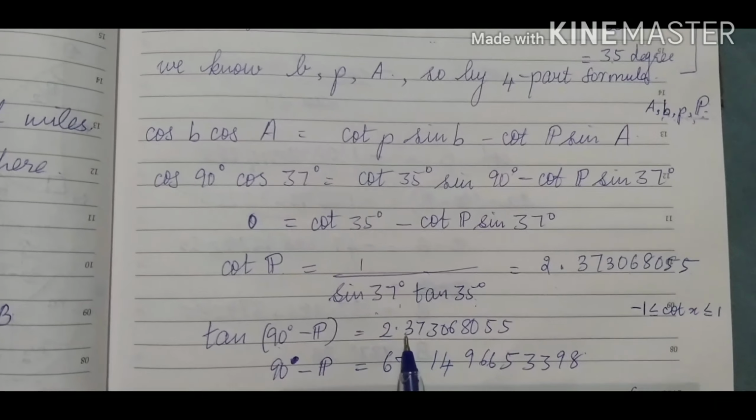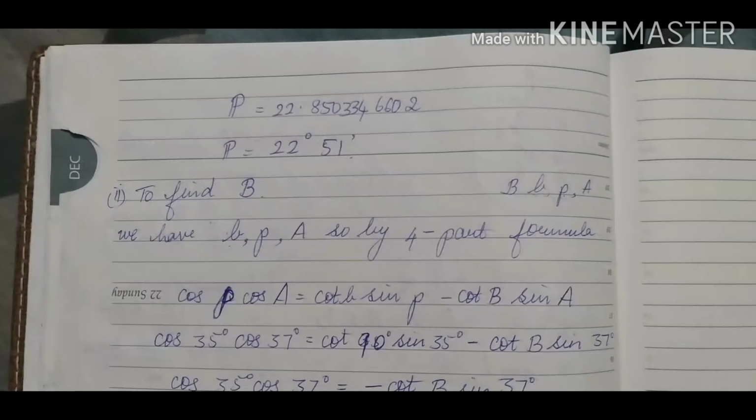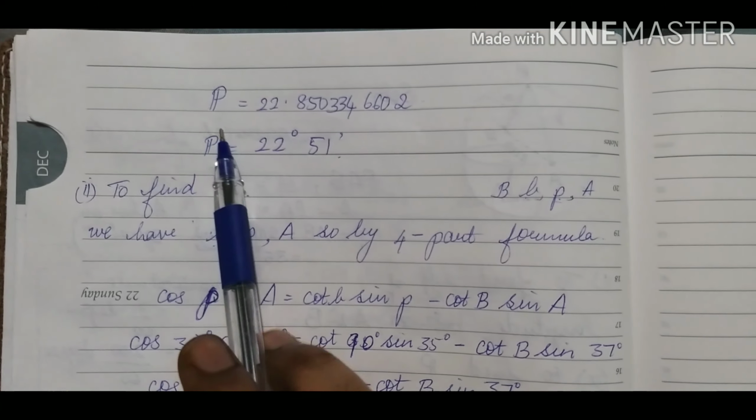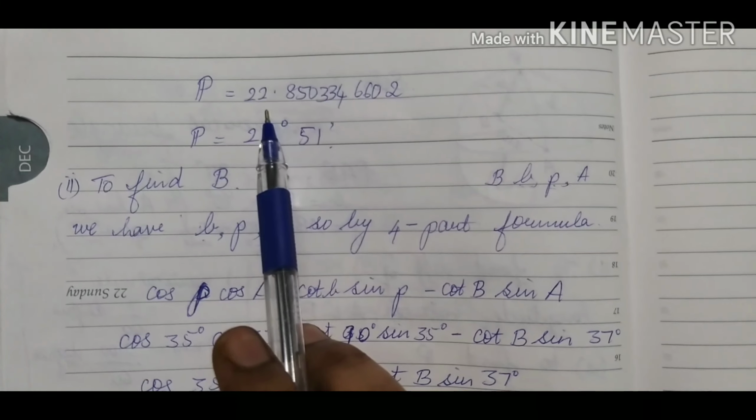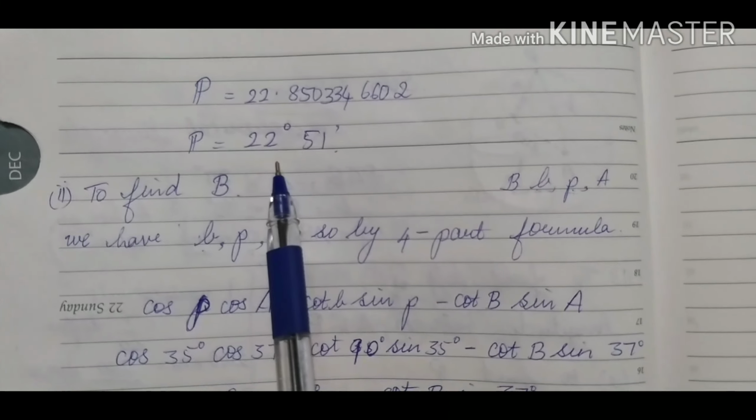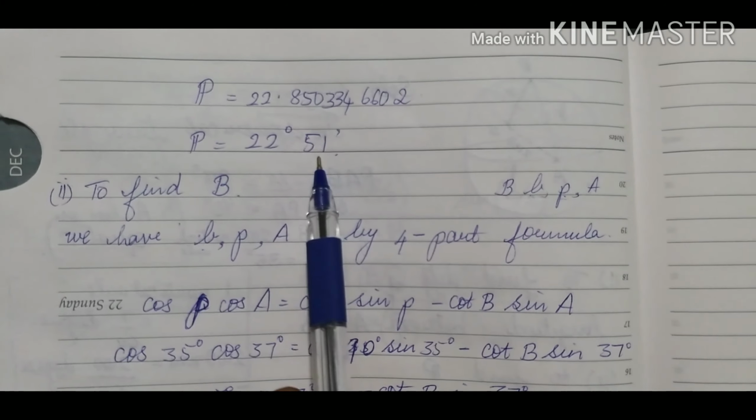Next I'm finding tan inverse of the right-hand side. 90 minus p is tan inverse of 2.3730688055, and that value is obtained to be 67.149, and so from this we have obtained the p value to be 22.850. Converting this decimal into degrees, you'll get it to be 22 degrees 51 minutes. This is the difference in longitude between the positions A and B.